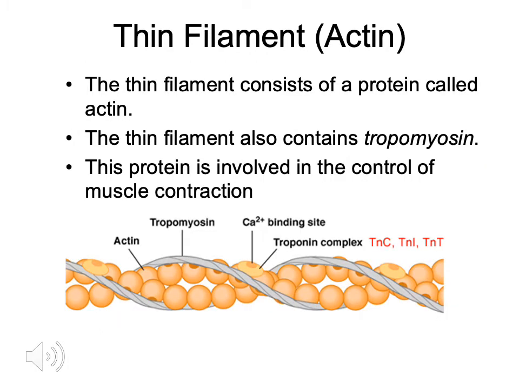The thin filaments extend outwards from the Z discs at the ends of the sarcomere where they are anchored. And the thin filament is actually made up of a few different proteins. The major aspect is the actin protein, and this is another one of our contractile proteins.